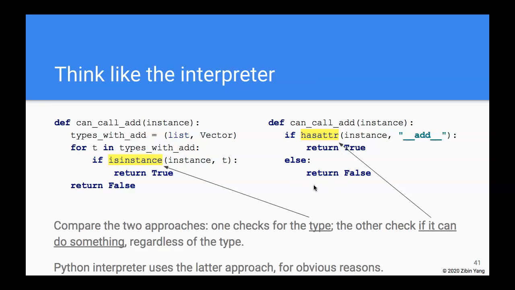And this second approach, I hope you can see that it can support a large number of types, and it can also support new types as they are added without having to make any changes to it. And it's no surprise that the Python interpreter would choose the second approach.